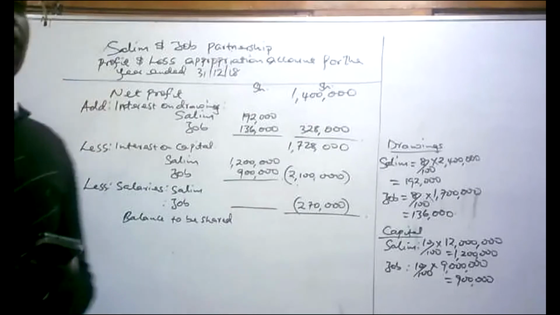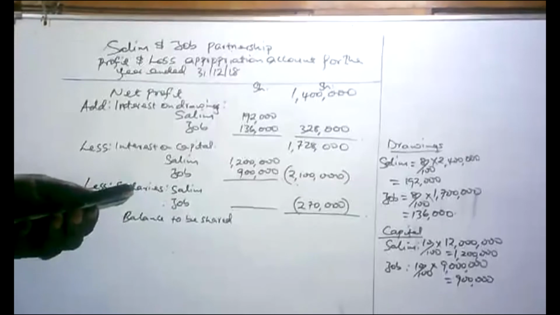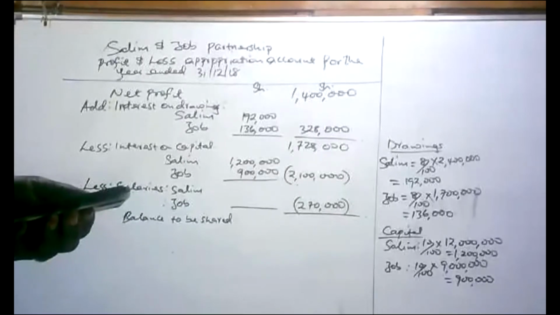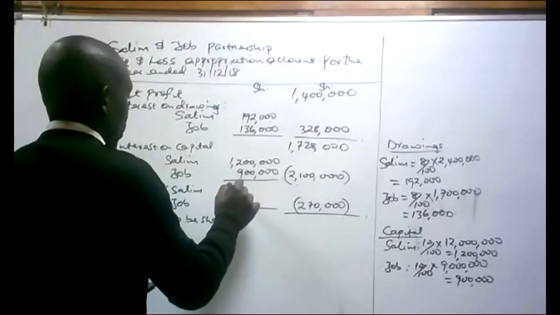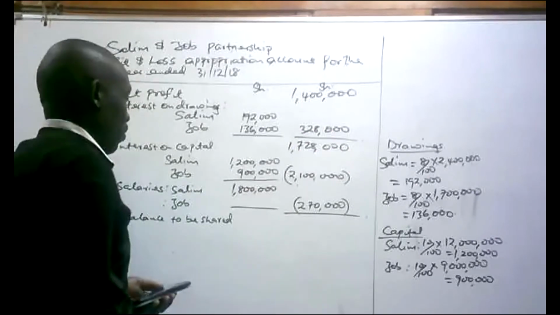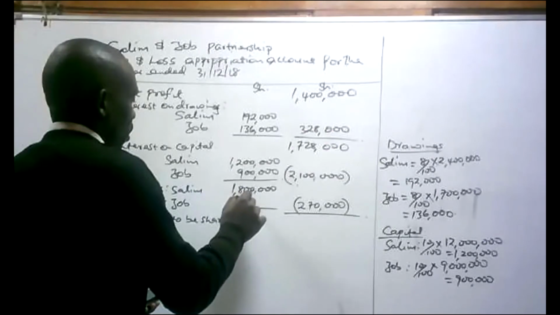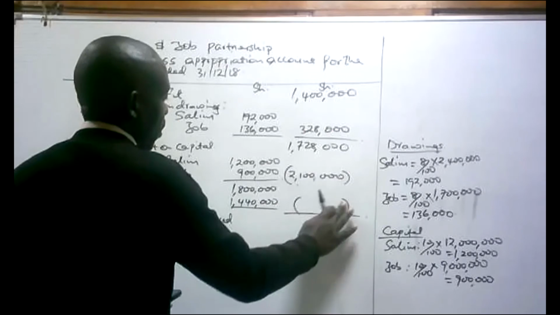So do 150,000 times 12, which is 1.8 million. The other one, 120,000 times 12, is 1,440,000.